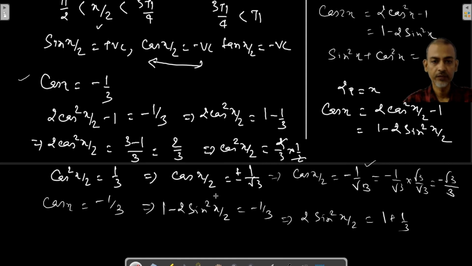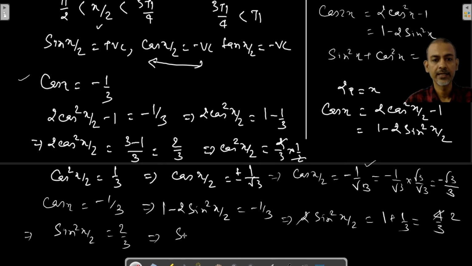So what I've done is set 2 sine square x by 2 on the right hand side and brought minus 1 by 3 to the left hand side, right? And since the sign was minus, it will come to the other side and become positive. You will simplify it and get 4 by 3 on this side. Now you can cancel 2 with 2 sine square x by 2 and you will be left with sine square x by 2 equals 2 by 3.